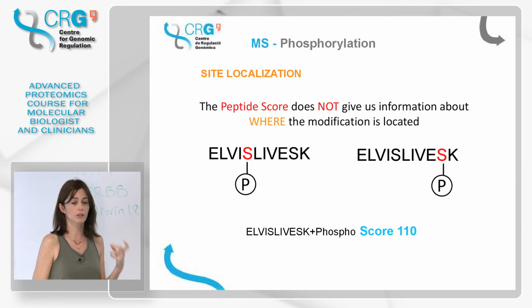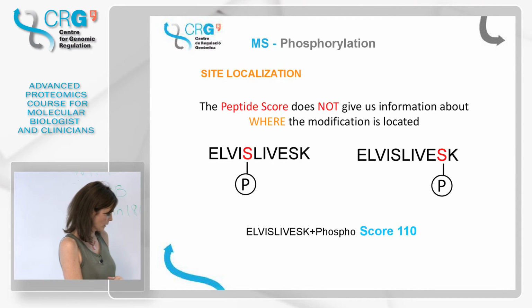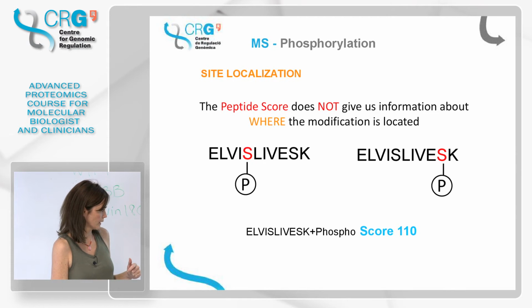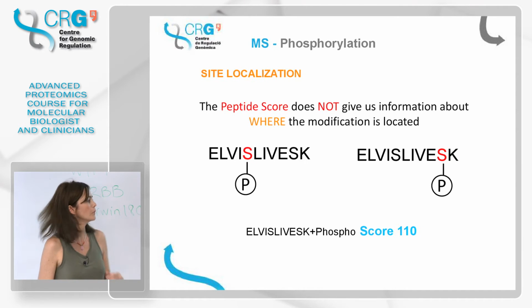What this score tells us is how can we trust that that spectrum is that peptide? Okay, great. Here we have one peptide, it is phosphorylated, and we have the score of 110. Okay, that's a good score. We believe it. But it doesn't tell us anything about where this phosphorylation was. This peptide has 2 serines, we don't know.